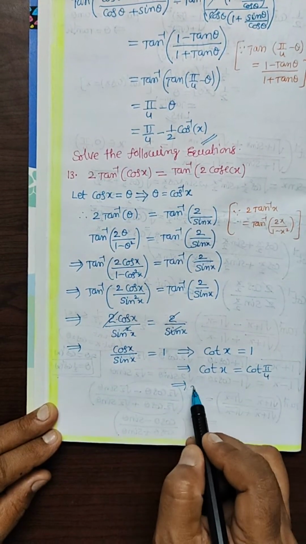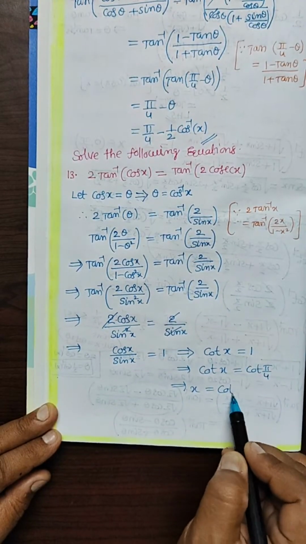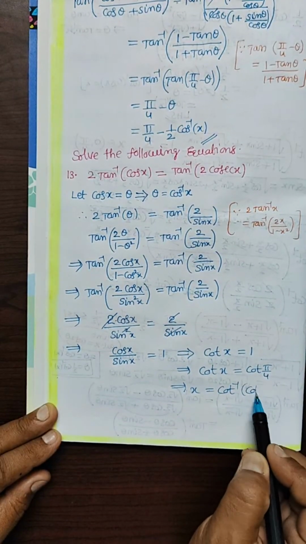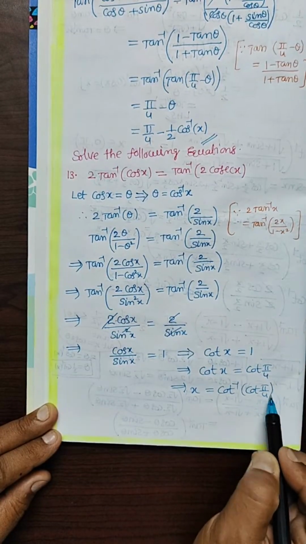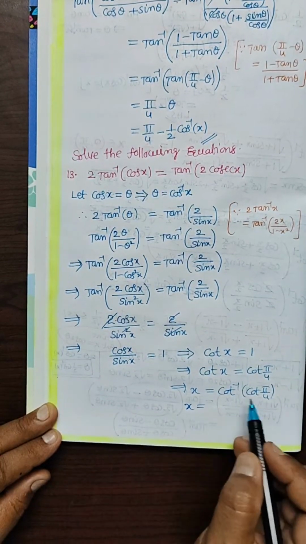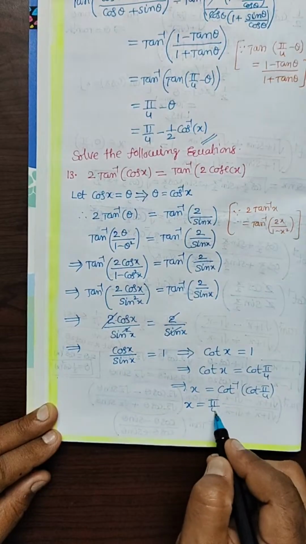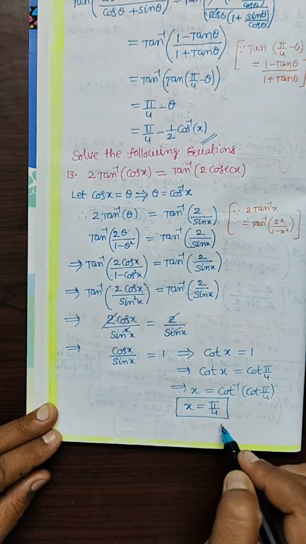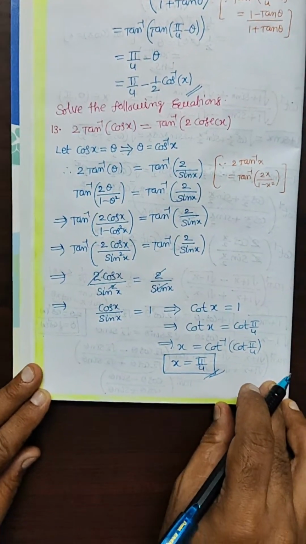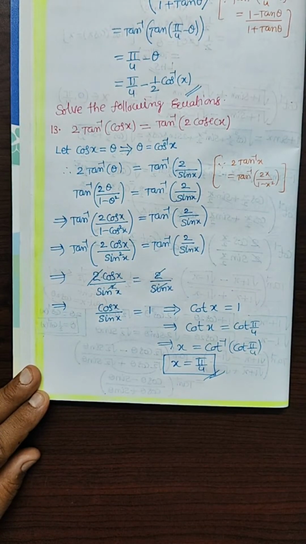So that implies that x is equal to cot inverse of cot pi by 4, which means pi by 4. So therefore the value of x is equal to pi by 4. I hope you understand, students. We'll move on to the other question.